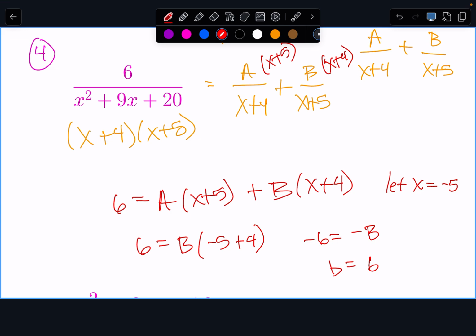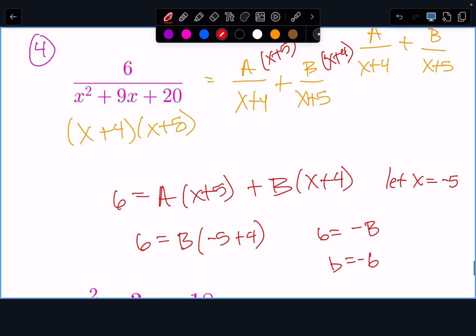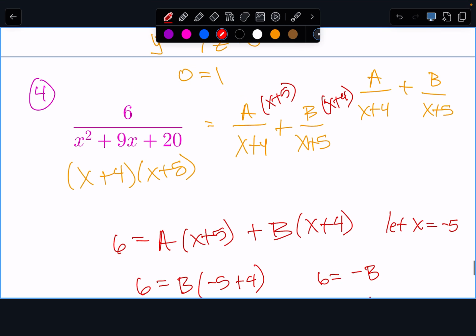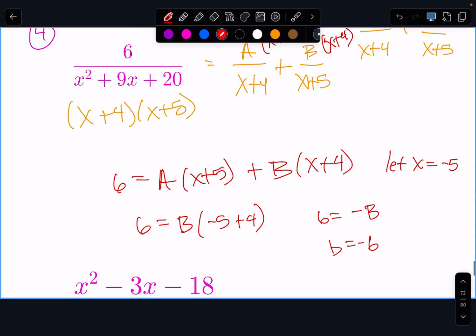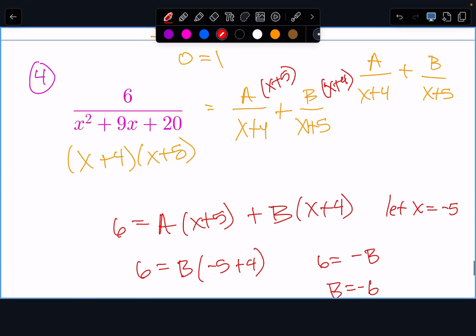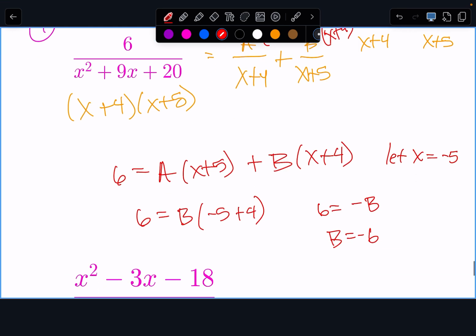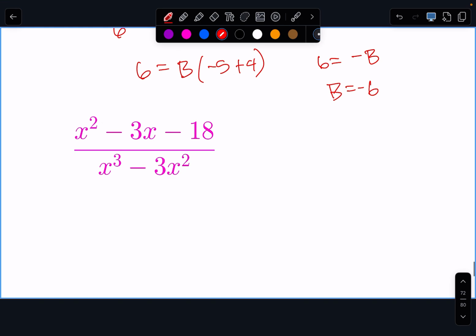I don't know why it went negative. I actually think I was thinking about what the answer is. So b is negative 6. And that's how I would do it when you're writing it out in your work.